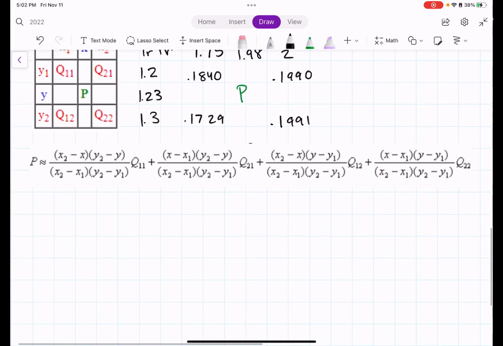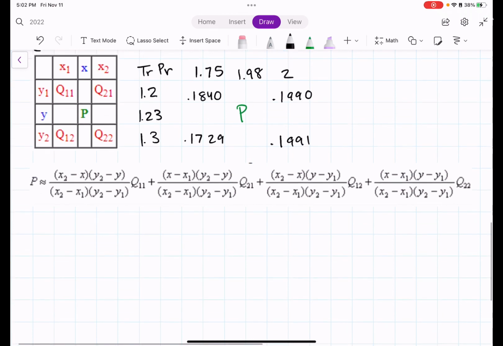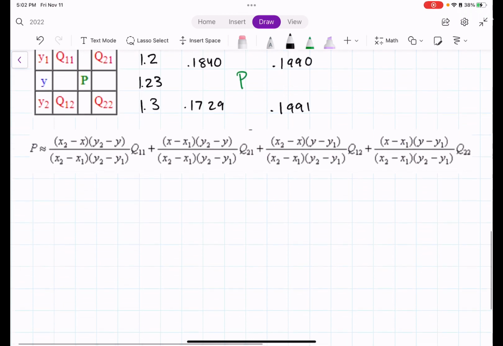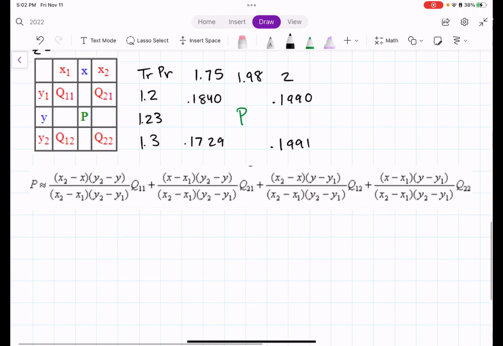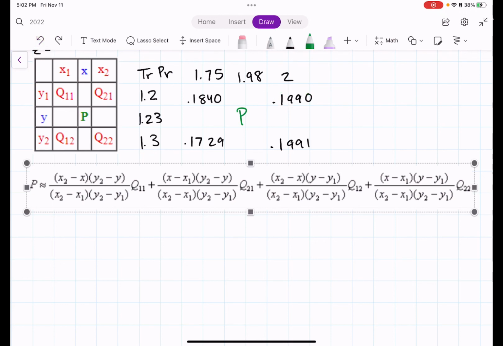When you plug all of the corresponding values into this equation, you get, as a reminder, y2 is this value right here, and your Q21 is this value right here. They match 100% with the table on the left, just in case you want to double check.